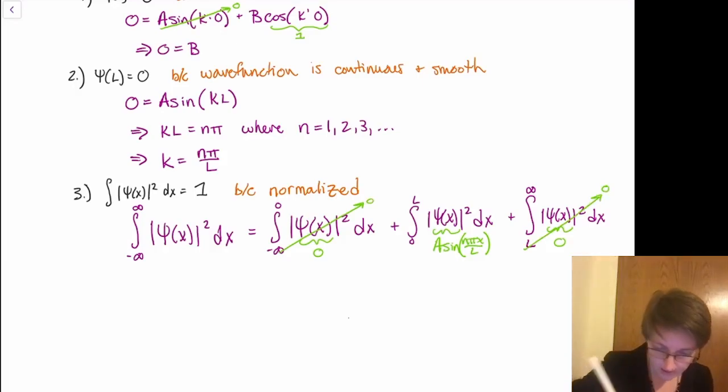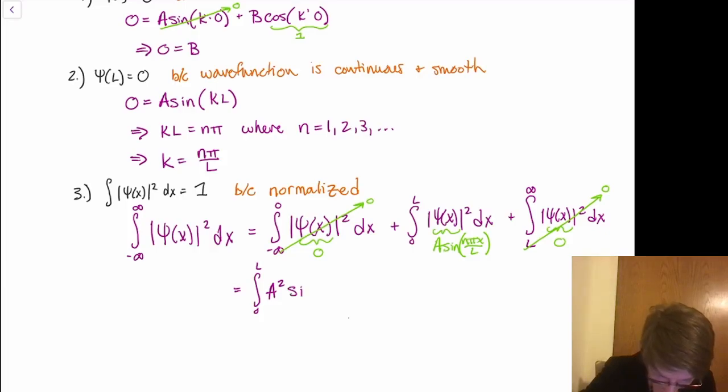Now, for our second piece, which is what we're actually going to integrate over, we've got the integral from 0 to L of psi squared, which means we're going to come up with a squared sine squared of n pi x over L dx.